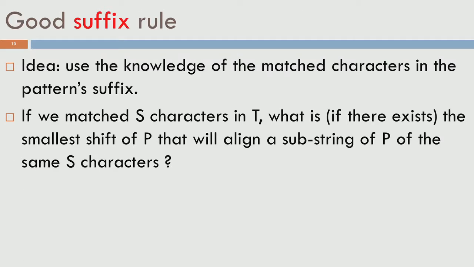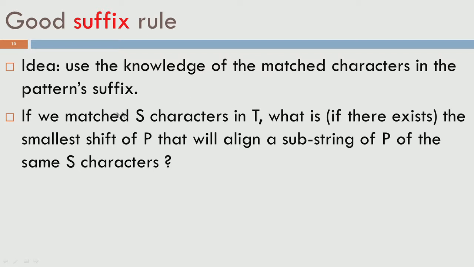To do this, let us think of an idea, and the idea would be to use the fact that we have matched some characters in the pattern suffix with the current aligned portion of the text string T. How does one use this knowledge?